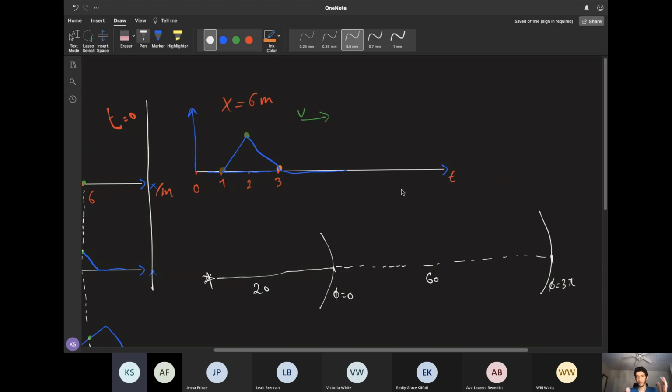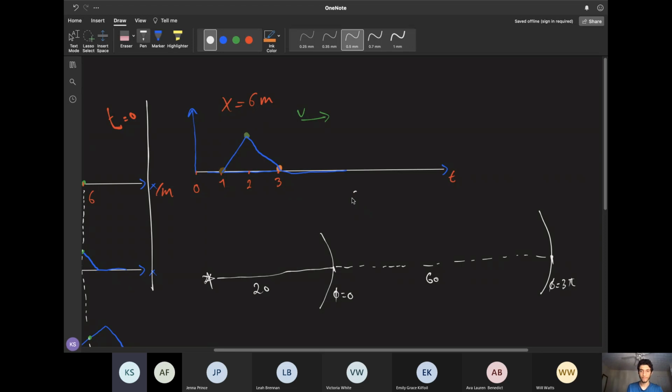A full wave repeats itself after 2 pi. So if the difference between them is 3 pi, how many waves are between those 2 points? Yes, indeed. It would be 1.5 waves.